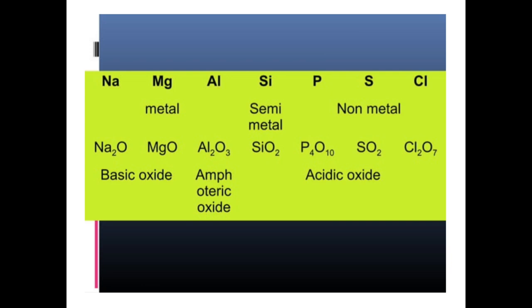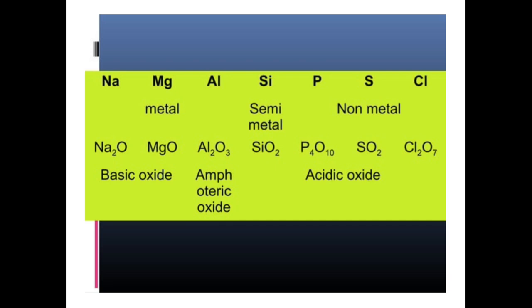Under types of oxide, basic oxides are oxides of metals that dissolve in water to form a base. So when you dissolve sodium and magnesium oxide in water, they will form an alkali or a base. But aluminum oxide, when you dissolve it in water, can form both acid and base respectively.